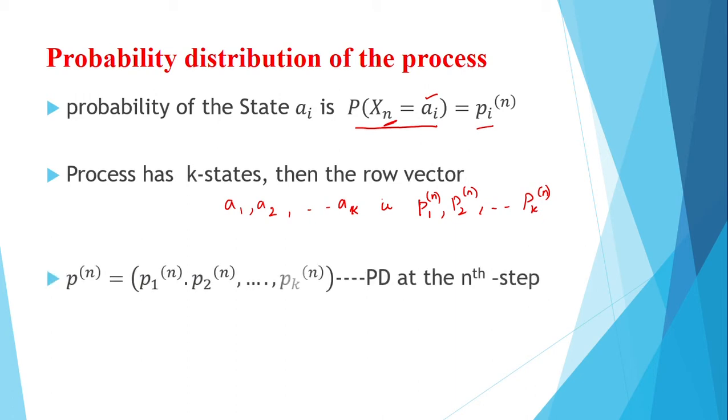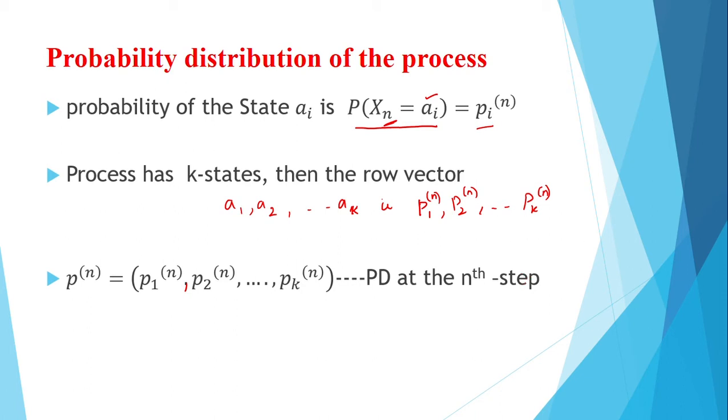That is, it is written as P of n, the probability distribution at the nth step of the process, given as the row vector P1 of n, P2 of n, etc., Pk of n.